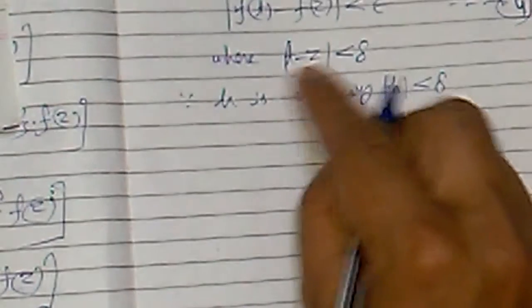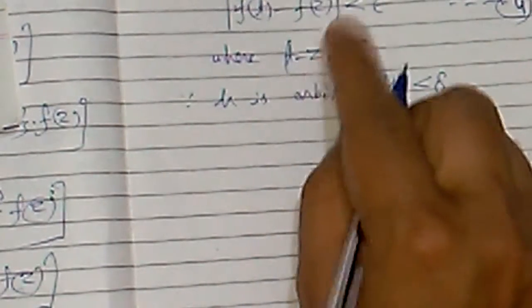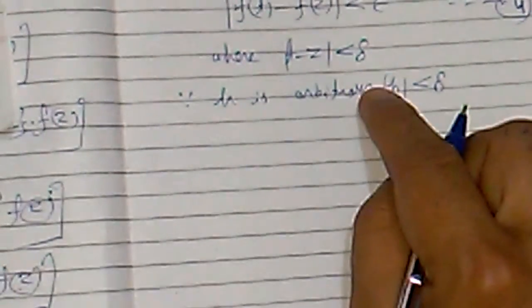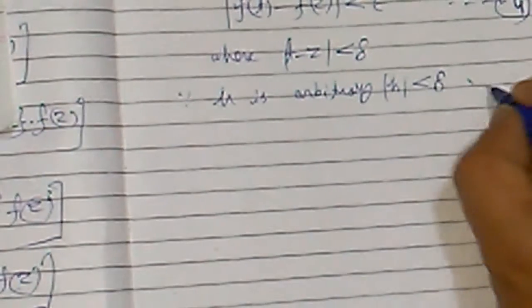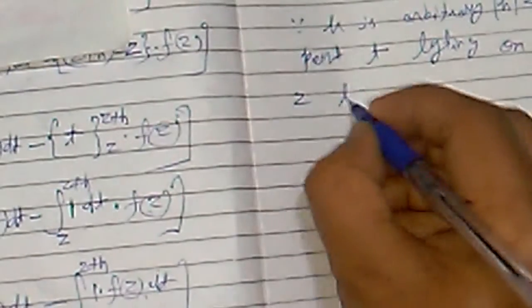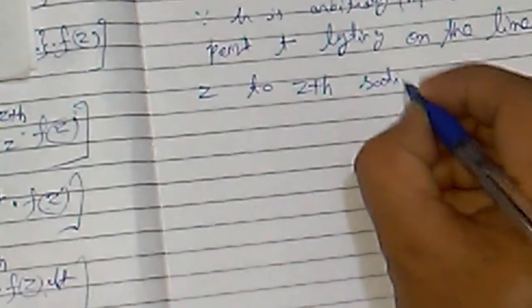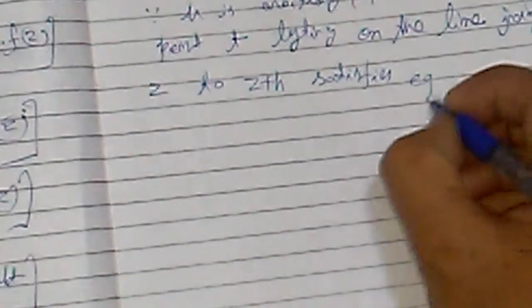This means modulus of z minus t is less than delta, so I put modulus of h less than delta, so that any point t lying on the line joining z to z plus h satisfies equation 4.